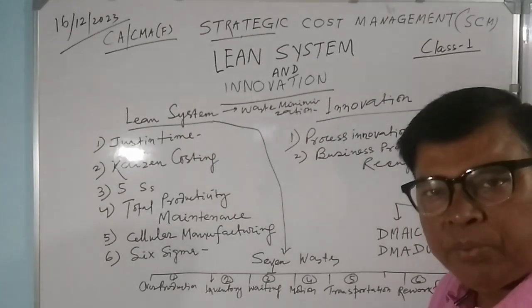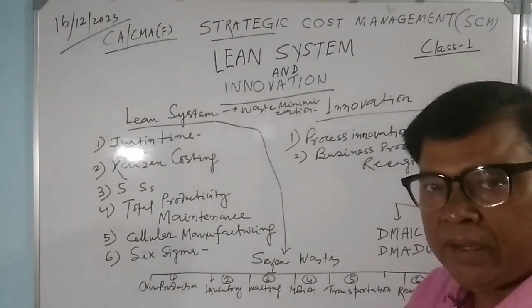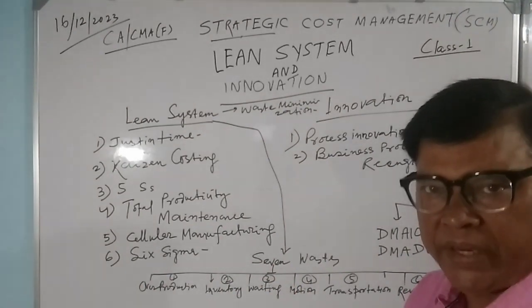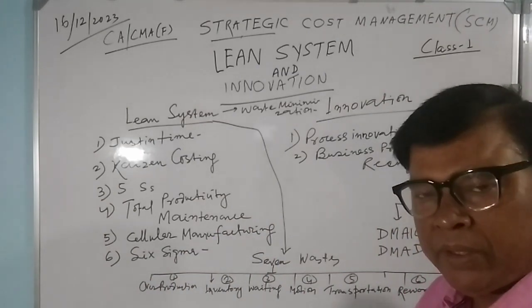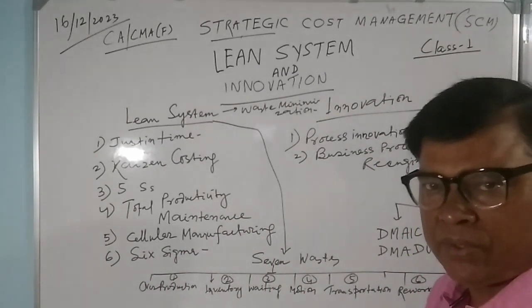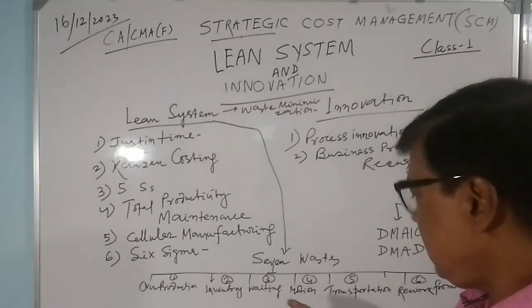Then waiting. In the production process, in most cases we have seen waiting, when moving from one process to another, or from one department to another. Your waiting should not be there. That is the main point.